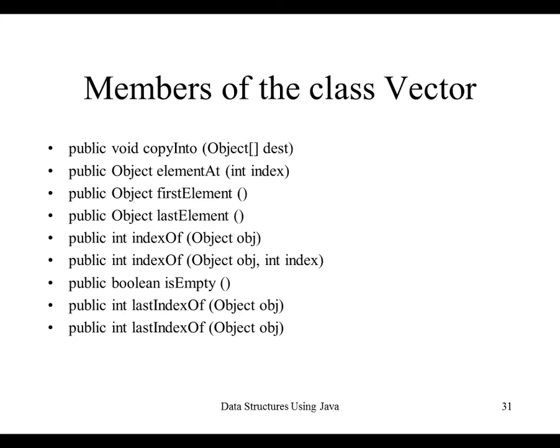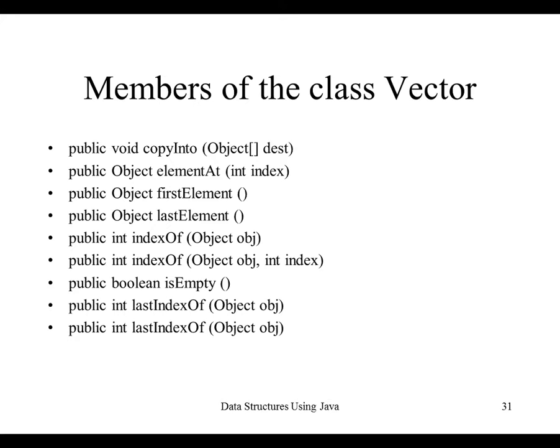Next, public int indexOf with parameters Object obj and int index. Starting at index, this method returns the position of the first occurrence of the element specified by obj in the vector. If obj is not in the vector, the method returns -1.